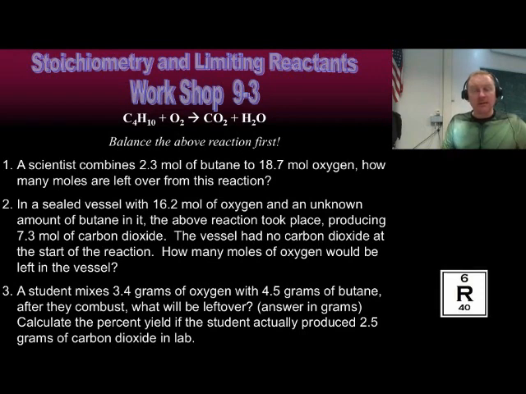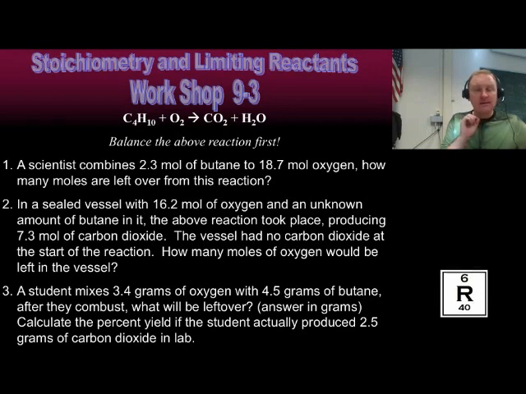So, there's one last thing in number 3. Don't forget to answer, once you figure out what the limiting reactant is, how much carbon dioxide was produced. Once you know how much carbon dioxide is produced, that's your theoretical value, then compare it with the 2.5 grams of carbon dioxide that we got in lab. So then you're going to figure out your percent yield. So there's a lot to do on number 3.